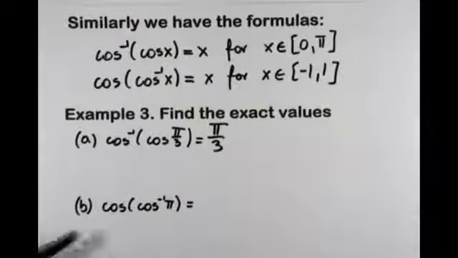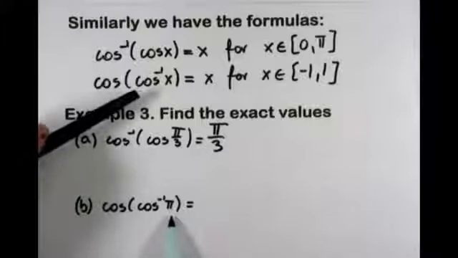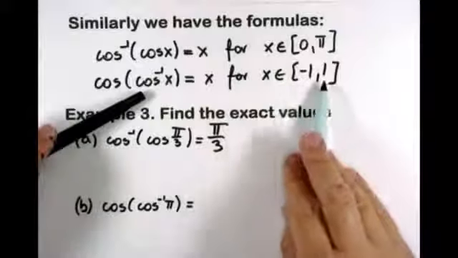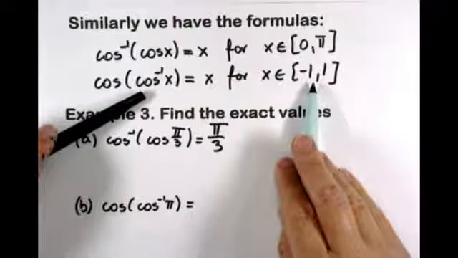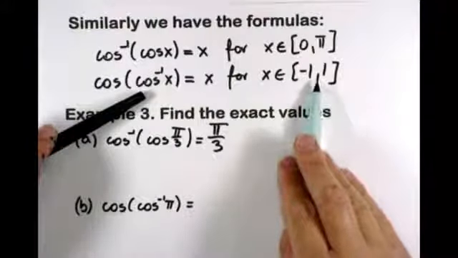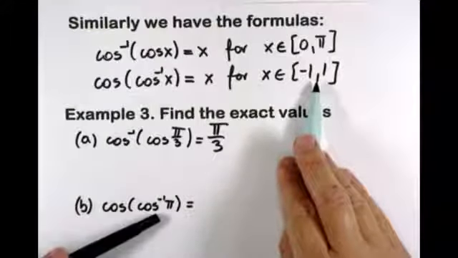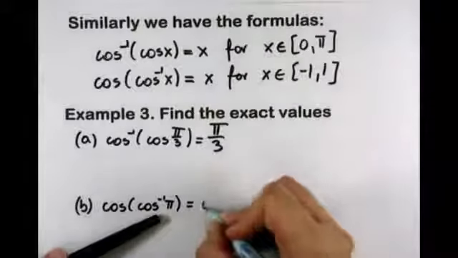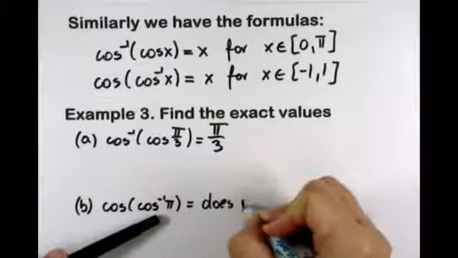Similarly for b, cos inverse of pi. The domain of cos inverse is from -1 to 1. Pi we know is 3.14, so it's too far. Cos inverse does not exist here because the domain is only from -1 to 1, so this one does not exist.